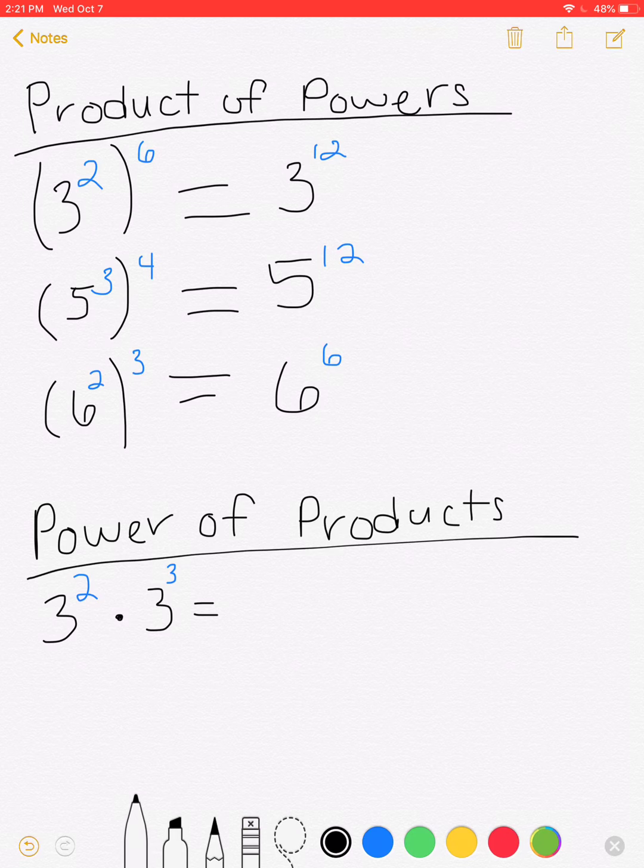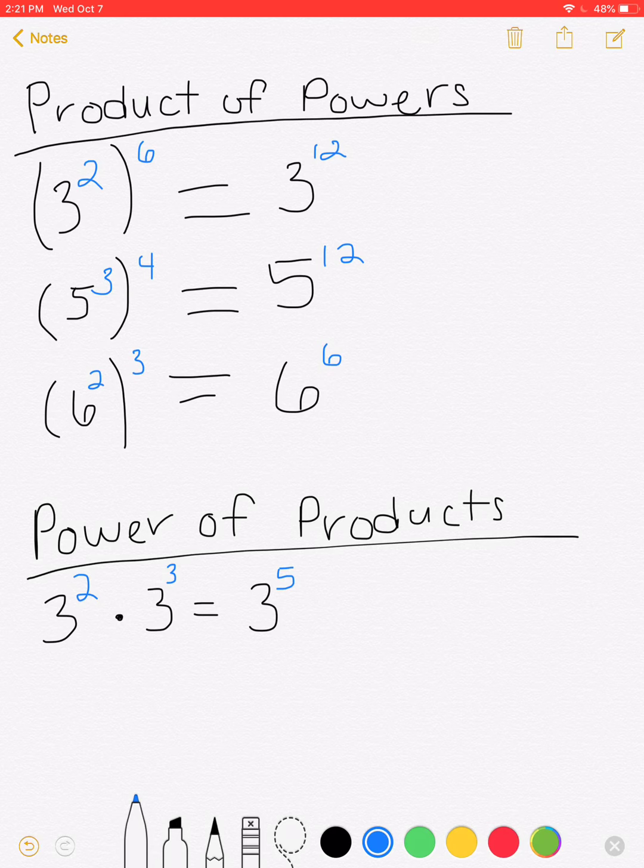What you're going to do is simply keep that base number, and then you're going to add together your exponents. So 2 plus 3 is 5. So 3 squared times 3 to the 3rd, or 3 cubed, is the same as 3 to the 5th.